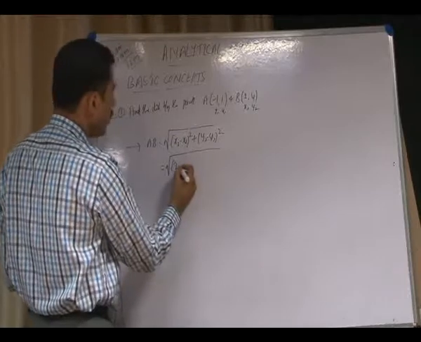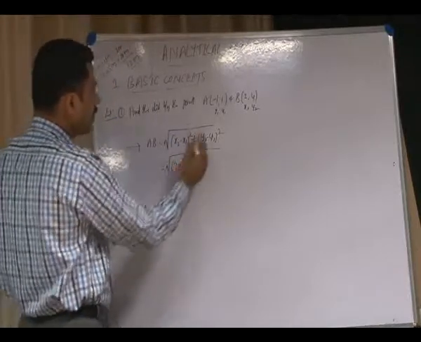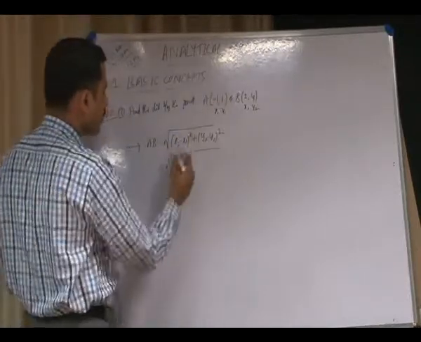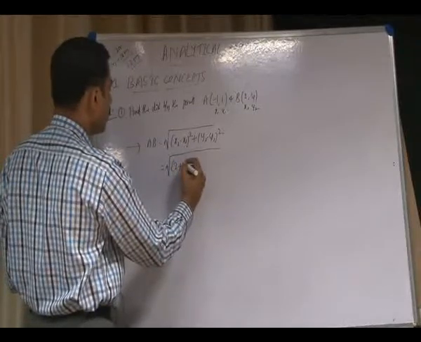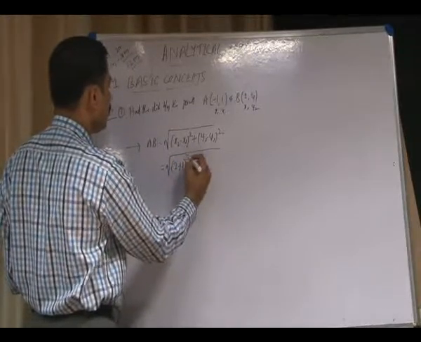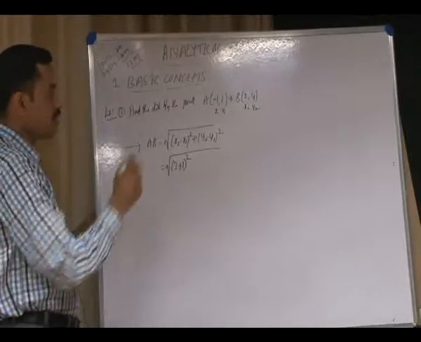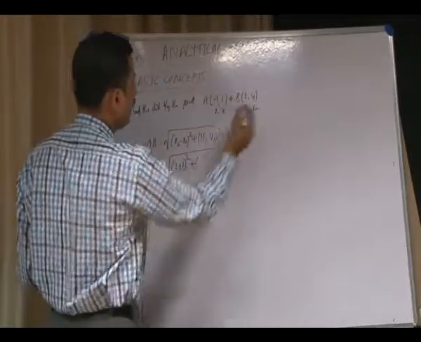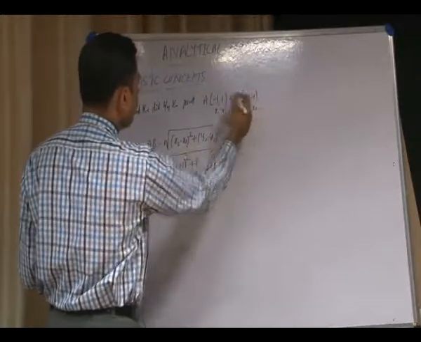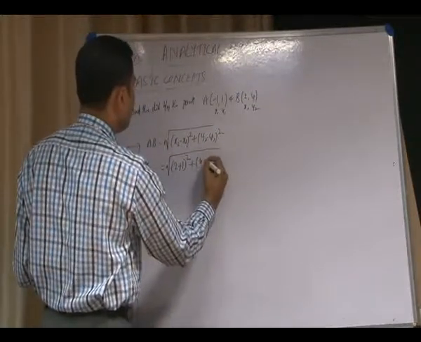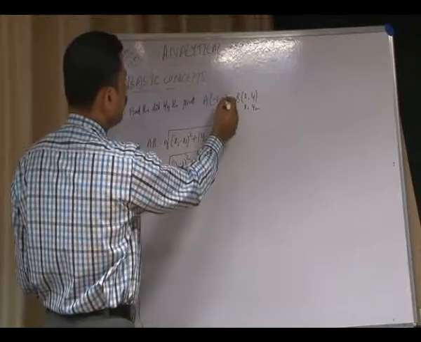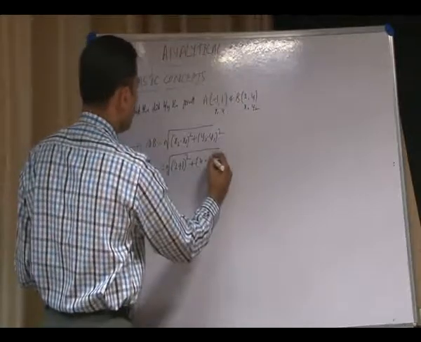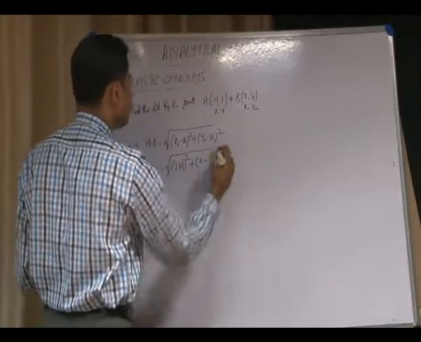So, here in the equation there is one minus, in this coordinate also there is one minus, so minus of minus becomes plus. That is 2 plus 1 whole square, plus y2 minus y1 whole square. Y2 is 4, the y coordinate of the second point, minus y1 is 1, the y coordinate of the first point, so 4 minus 1 whole square.